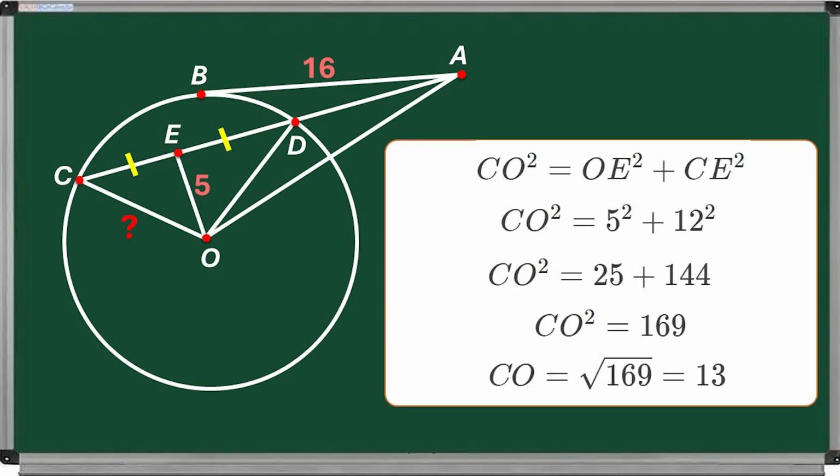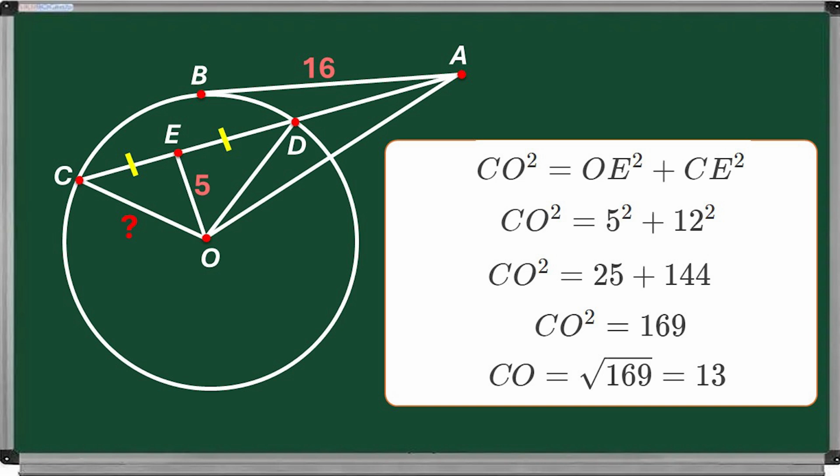With the lengths of both legs of the right triangle OEC now known, we can calculate the radius of the circle, segment CO. We will use the Pythagorean theorem, which states that the square of the hypotenuse is equal to the sum of the squares of the other two sides. So, CO squared equals OE squared plus CE squared.